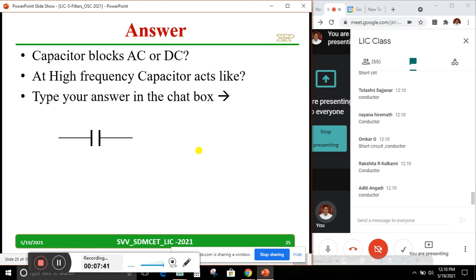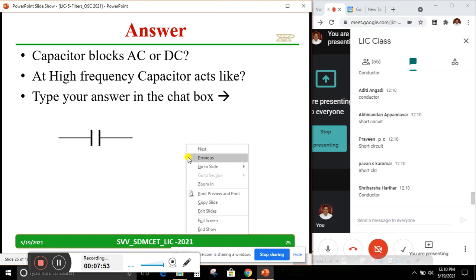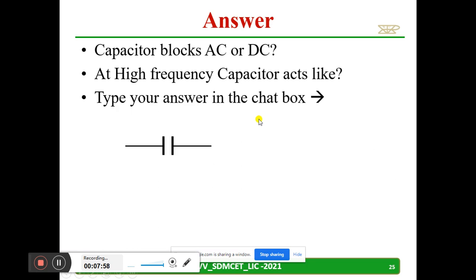This was asked by some teacher in a viva question. Why does it block DC, and why does it allow AC? Why will the AC current flow through the capacitor, and why will the DC be blocked? A student answered so nicely, not our student, our students are very good. He said, sir, it's very simple. DC is a straight line, it's coming like this and it will be blocked.